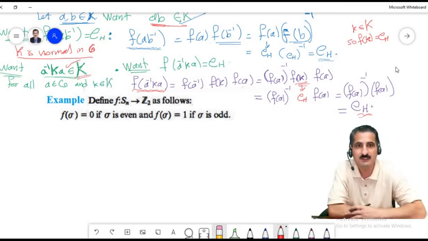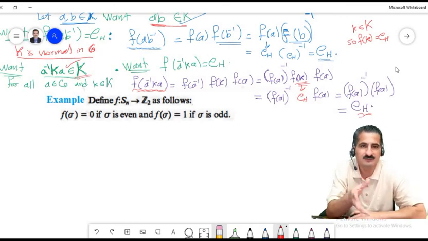Now, if I give you a subgroup and tell you to prove it is normal, how do you do it? Say the subgroup is N. You will say a inverse n a is contained in N. This is how we prove a given subgroup is normal.